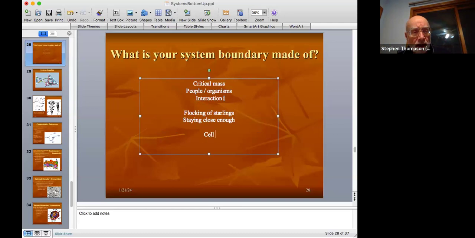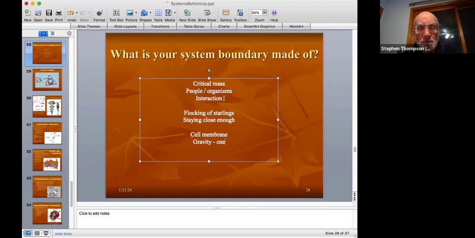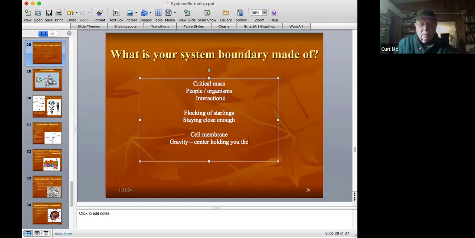But along the lines of what Jeannie said with critical mass, what if the boundary was like gravity? It's hard to pull away from gravity, so there's something in the center that's holding you there, not necessarily a boundary on the outside that prevents you from getting away. It's sort of an internal force that's holding you there. Nice.